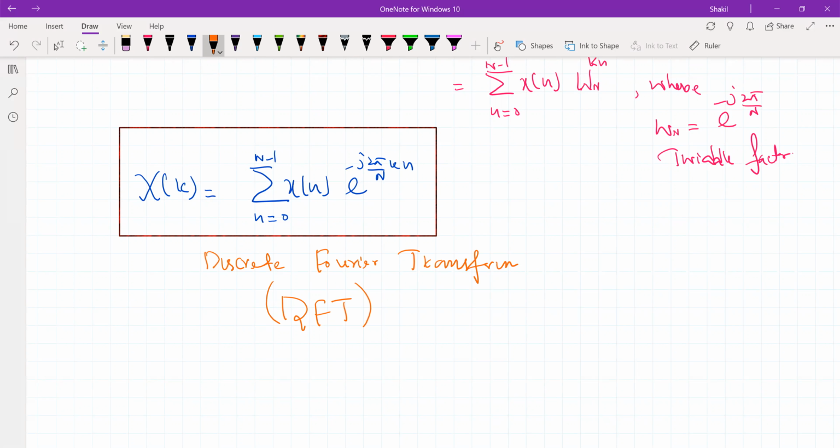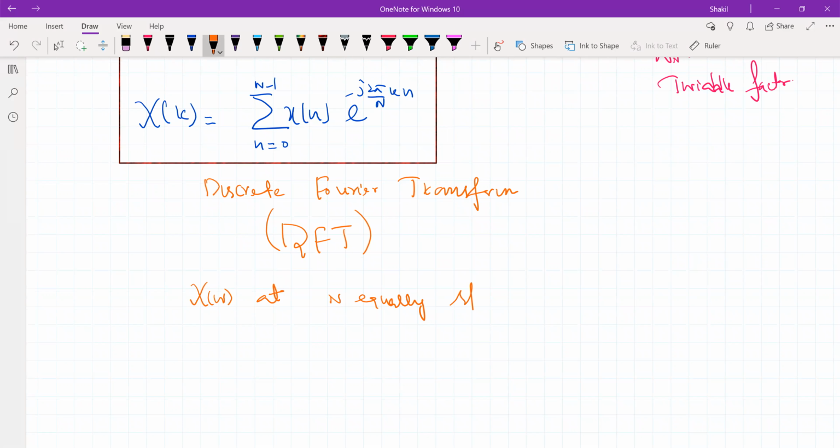Why is it called a discrete Fourier transform? Since the frequencies are obtained by evaluating the DTFT, that is X of omega, at N equally spaced discrete frequencies.